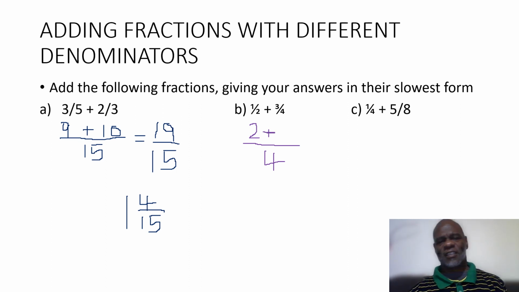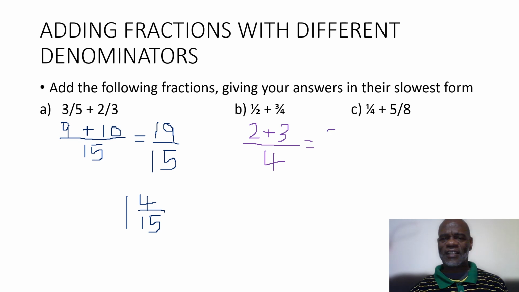Alright, so now we are going to say 4 into 4, or 4 divided by 4 is 1 time, and then 1 times 3 is 3. Alright, so that would be 3. And then we're going to say 2 plus 3 is equal to what? 5.